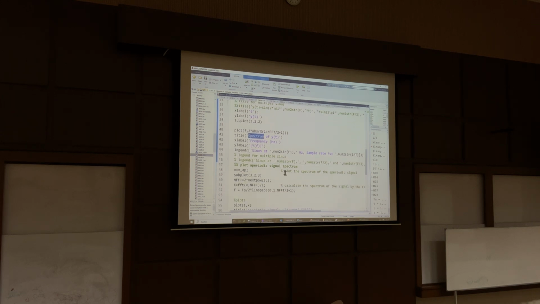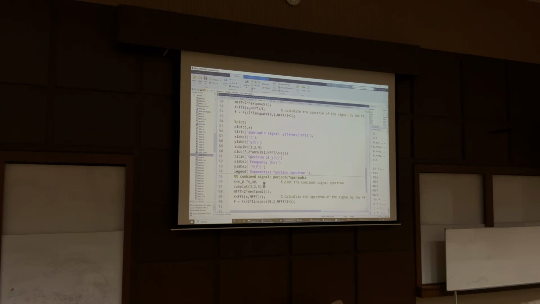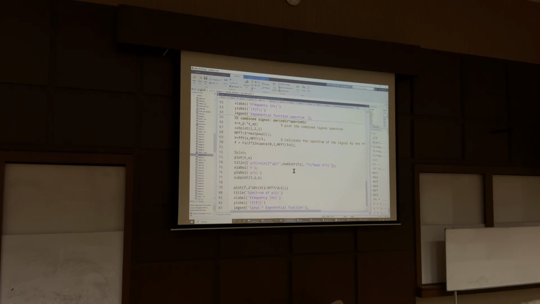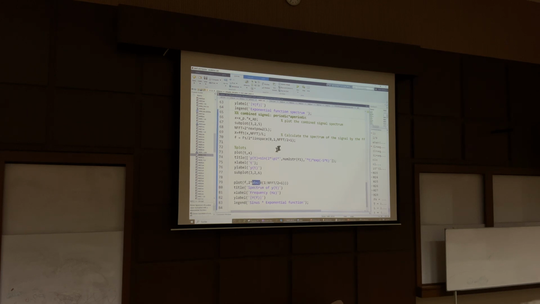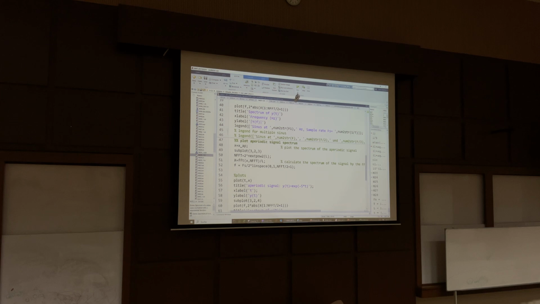You can plot the phi, the phase, as well, but I didn't do that. I just plotted the absolute value of the combined signal, the periodic signal and the aperiodic signal.